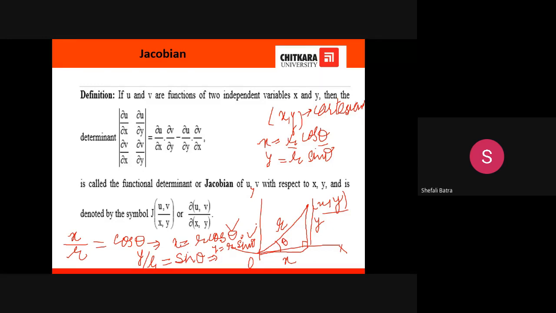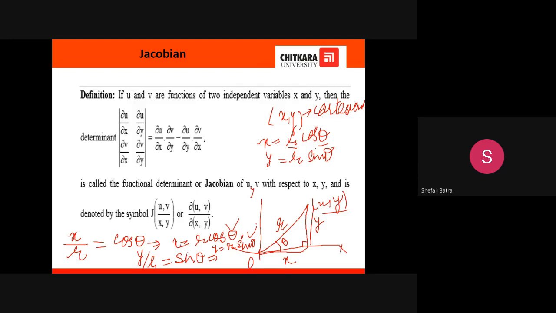In the next unit, when we'll be doing multiple integrals, you will use all these transformations and the Jacobian. But what is the Jacobian? It is an application of partial derivatives. When you are converting Cartesian coordinates into some other coordinates, you need one value to equate them, that is known as the Jacobian. The Jacobian is just a value, right?